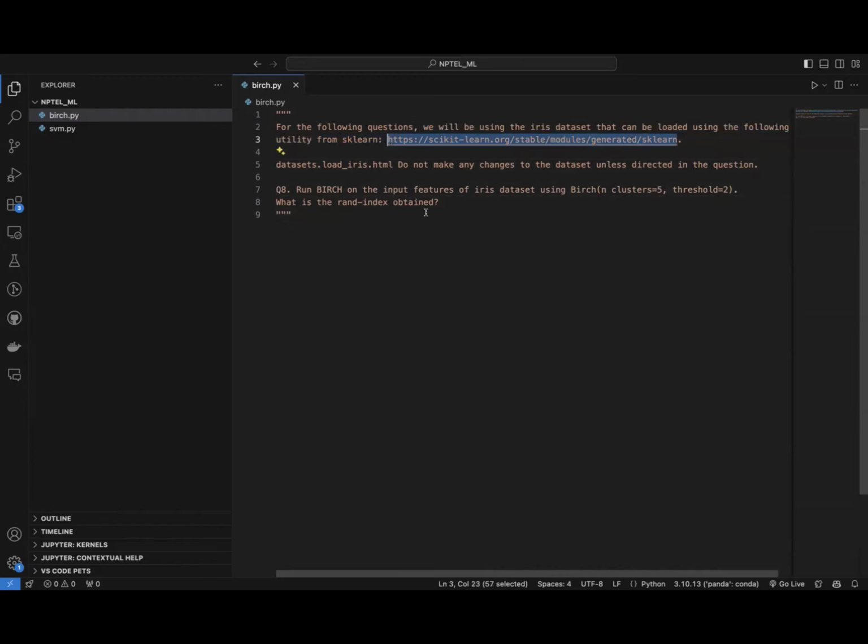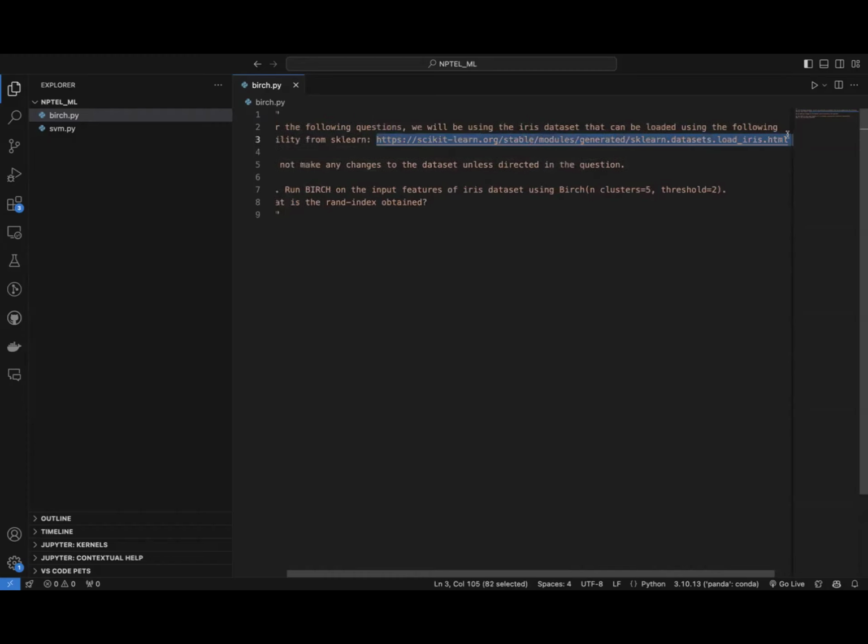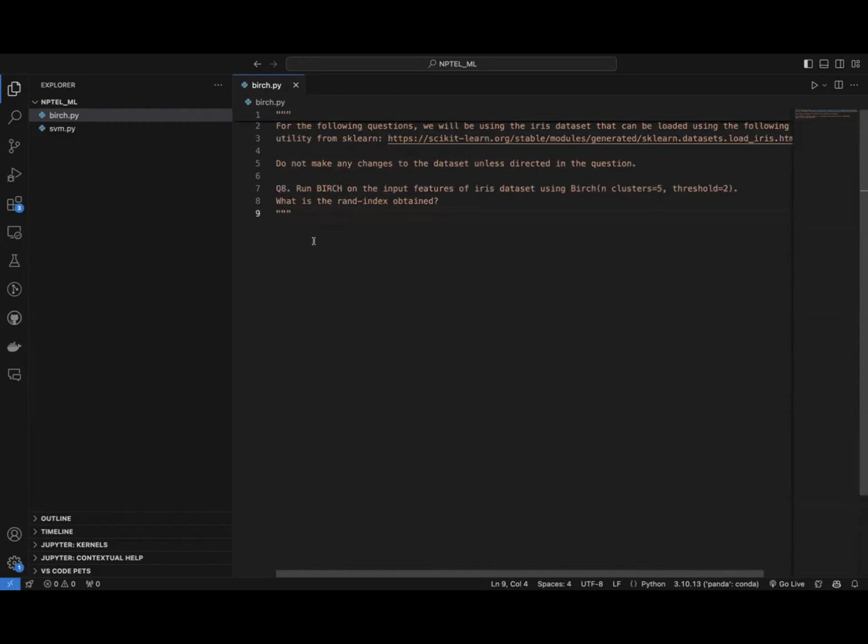Then after loading the dataset, you have to use the algorithm to find the number of clusters.